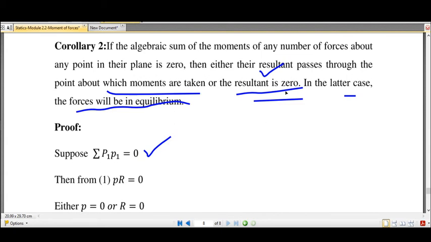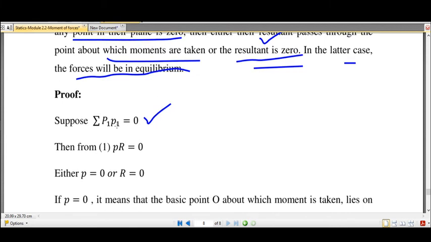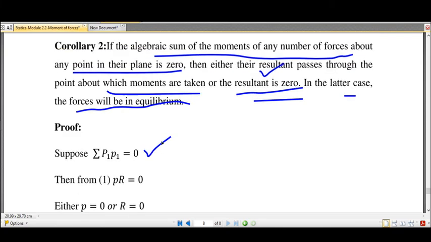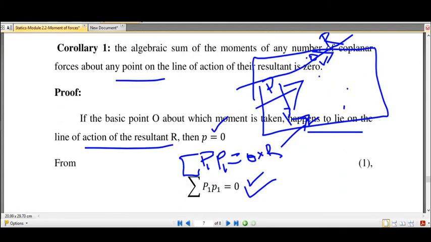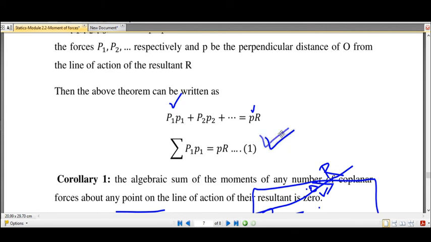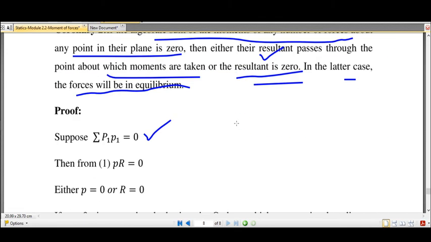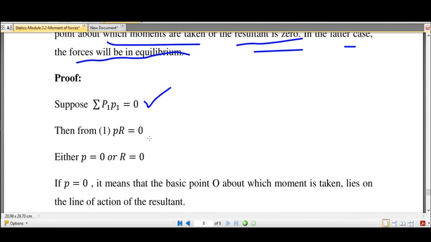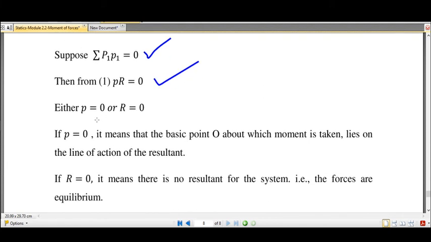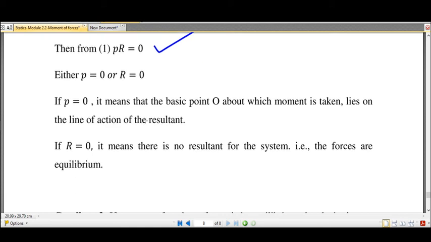What we assume is that the algebraic sum of the moments of any number of forces about any point in their plane is equal to 0, that is summation of B1 into small b1 is equal to 0. Then from equation number 1, small b into capital R is equal to 0, that means small b equal to 0 or R equal to 0.